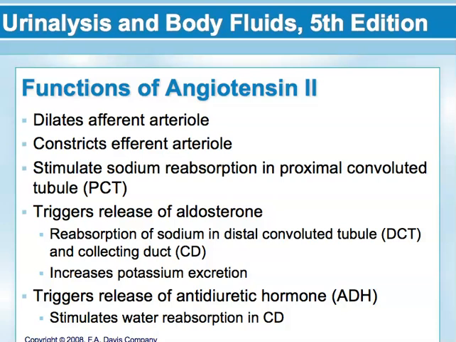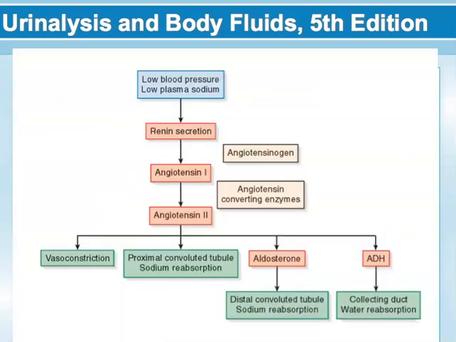So as systemic blood pressure and plasma sodium content increase, renin secretion decreases. And then again, there's a visual on that process if you want to take a minute to look at and process that.